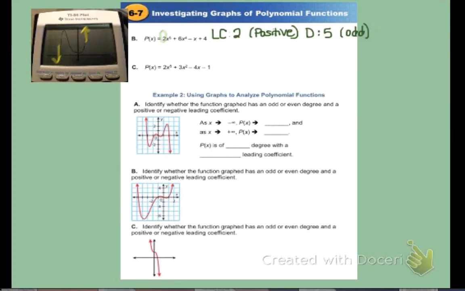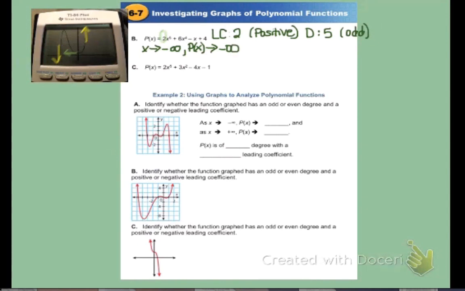Now, to describe the end behavior, I could look at when we are going to the left of the y-axis, in other words, over this direction. If I was traveling this way, away from the y-axis, I would say as x is approaching negative infinity, then p of x, the function, is approaching negative infinity because it's going down.